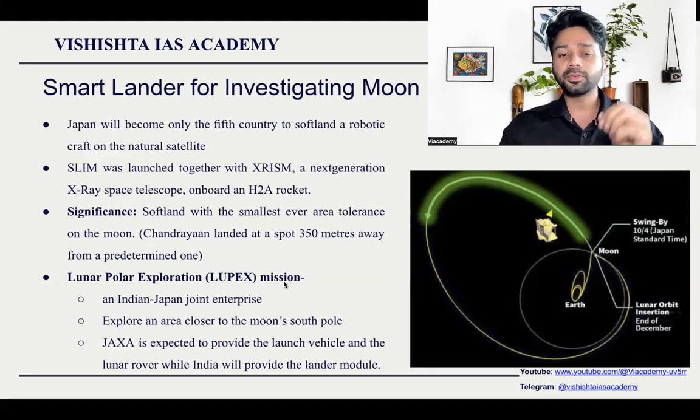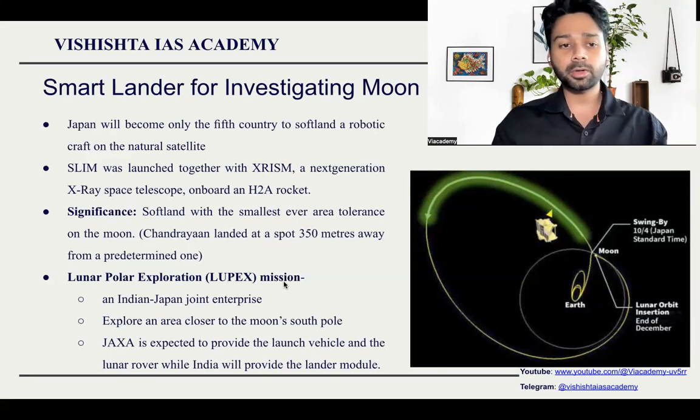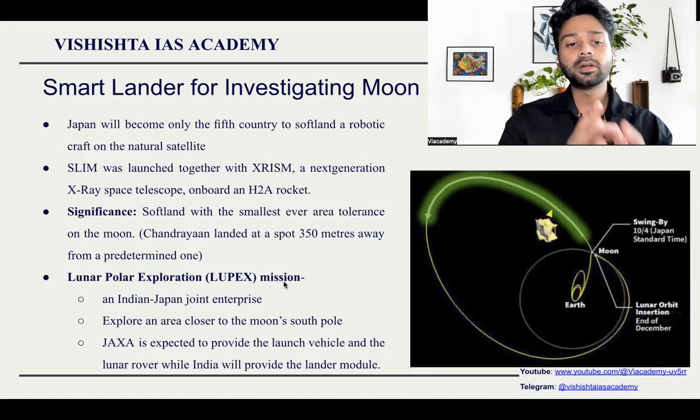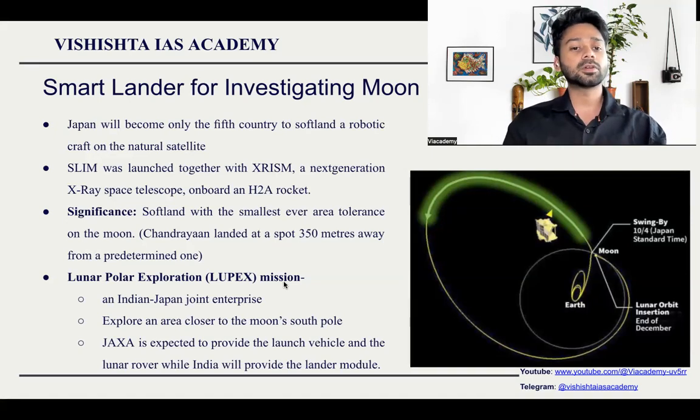Japan will become the fifth country to soft land a robotic craft on a natural satellite, that is the moon. The difference between Japan and India is that India carried Chandrayaan, which is heavier than the Japanese spacecraft.